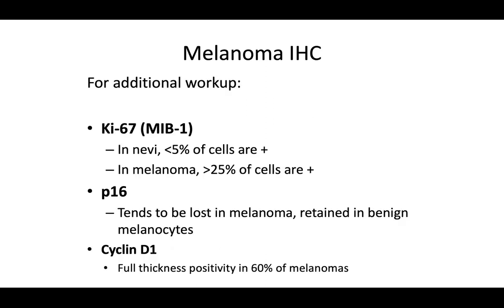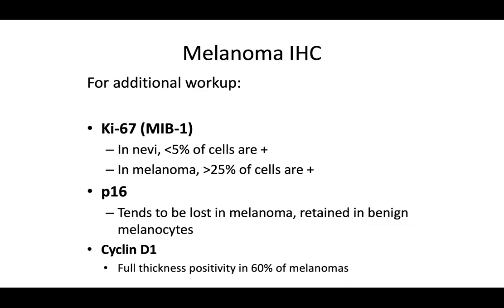Additionally, you can do a Melan-A coupled with a Ki-67 double stain to look for proliferating melanocytes. So I'll often do a Melan-A Ki-67 double stain. And if I see that even greater than 10% of cells positive, I'll become more worried and I'll do additional immunohistochemical stains.